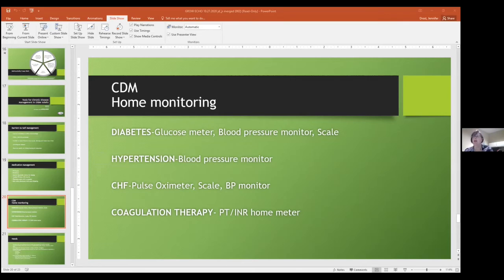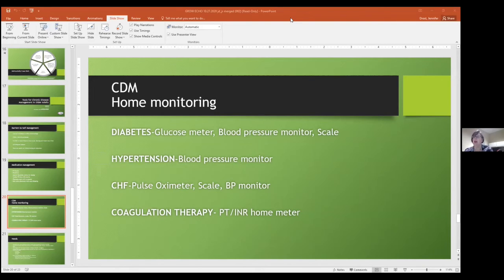The scale for CHF is really important because they need to do daily weights and follow their dry weight and water weight. And with CHF, giving them a pulse oximeter and obviously a blood pressure monitor along with the scale.